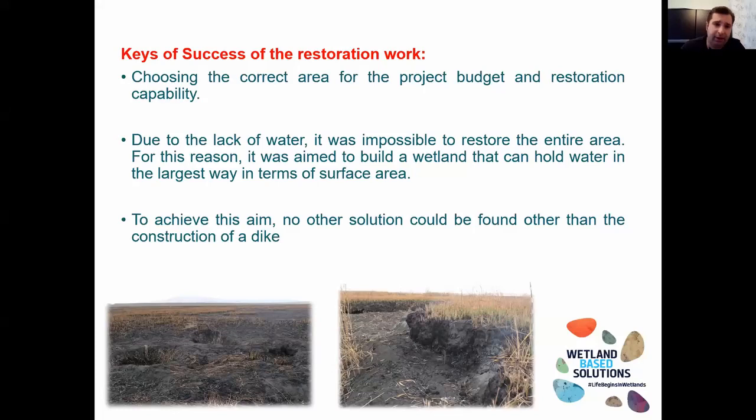To achieve this aim, we worked on different scenarios, but no other solution could be found other than construction of a dike. At the bottom, you also see the burning of land before restoration at the wetland.